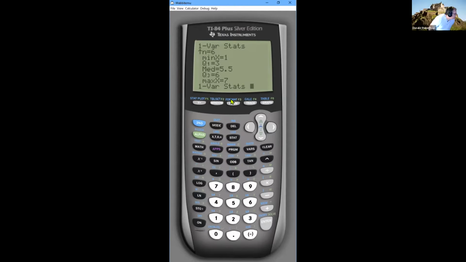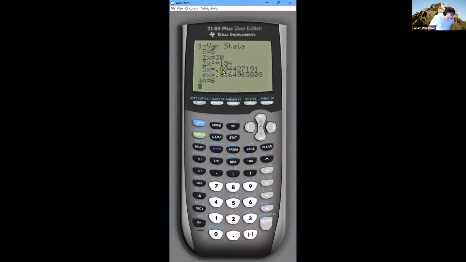L2, thank you. Now to get L2, it's blue button 2. L1 is blue button 1, to get L2 is blue button 2. So that's going to give me all the numbers I need from class B, the second class.